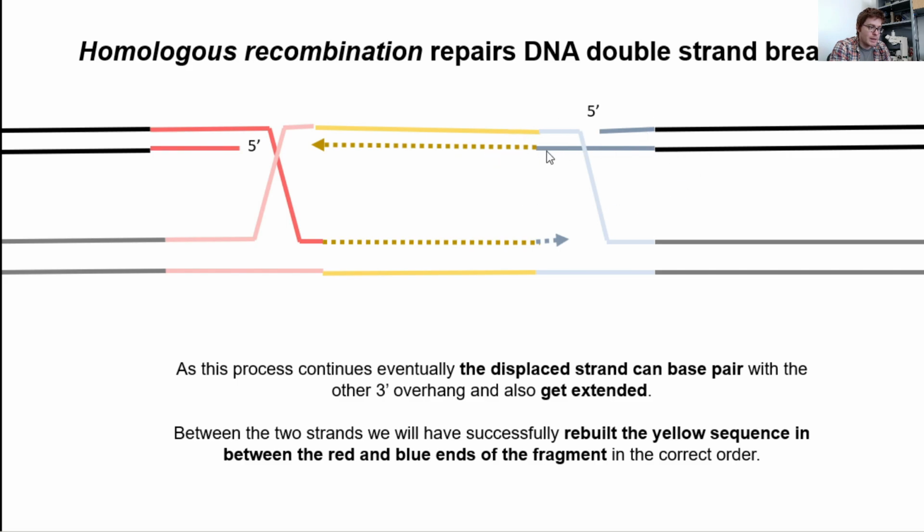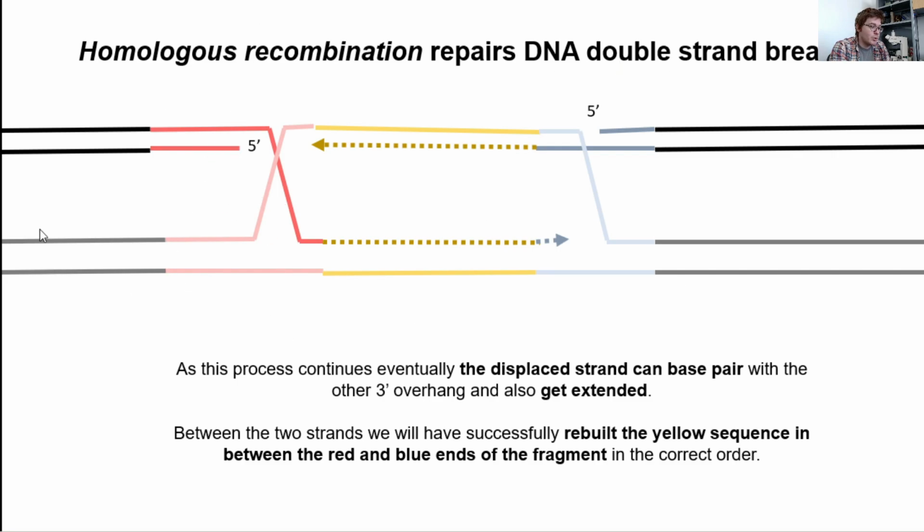So now remember, we have another 3' overhang on this blue strand here, and as this displaced strand gets more and more displaced, eventually it will achieve homology with the 3' overhang of the blue strand, and now it can get extended because this is again a 3' overhang, and so now we start synthesizing in this way. And so between the two strands, we will have successfully rebuilt the yellow sequence that's in between the red and blue ends of the fragment and in the correct order.